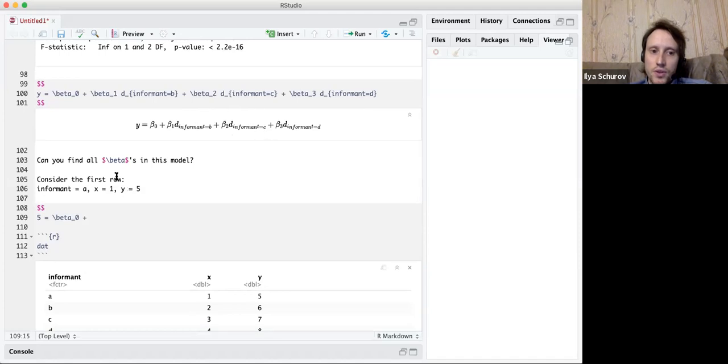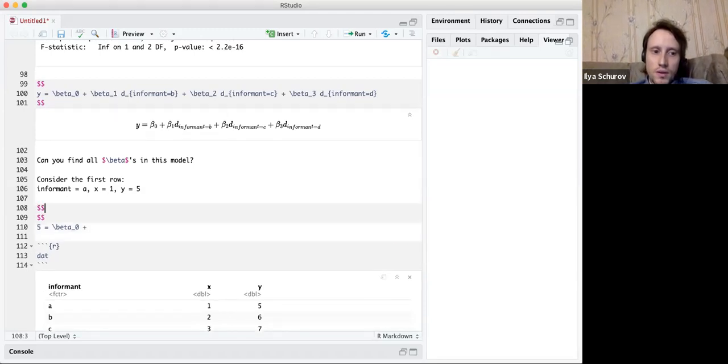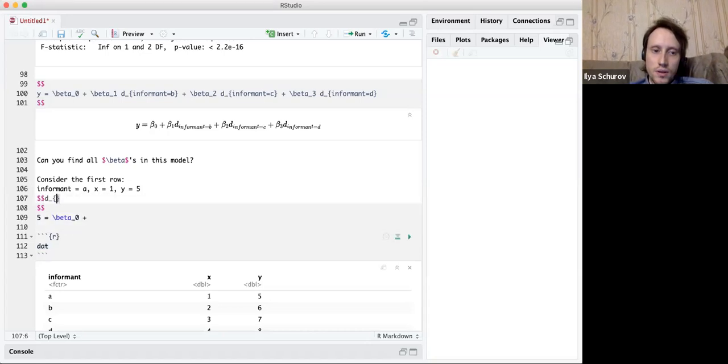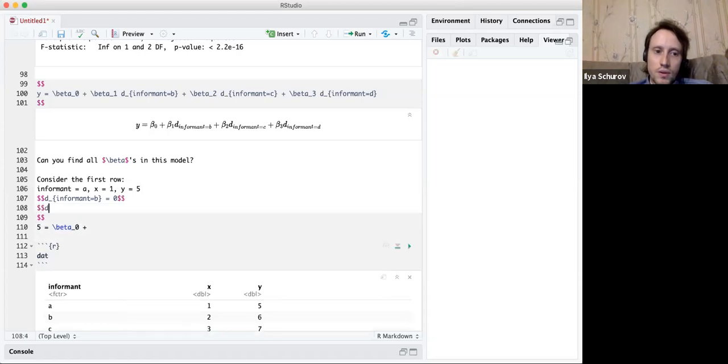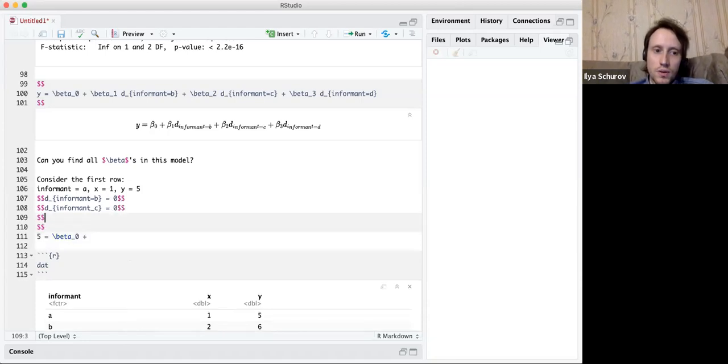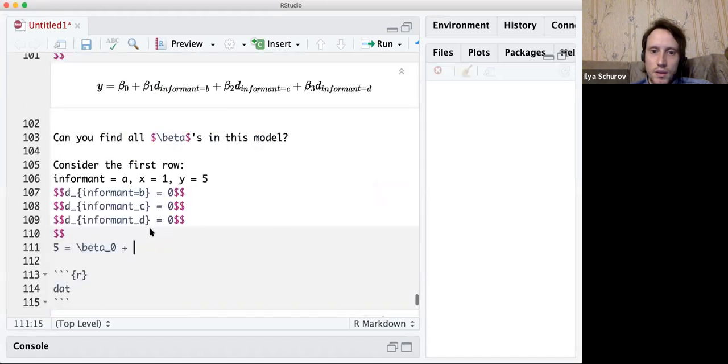So for the first row, all values of these dummy variables equal 0. The dummy for informant B equals 0, for informant C equals 0, for informant D equals 0. Sorry, let me just increase the font size.